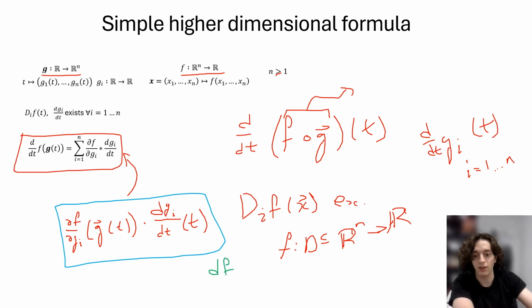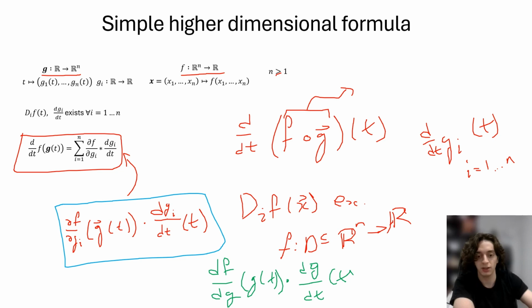We get df dg, which is the first part, which we like, and this is evaluated at g of t. First part of that very familiar chain rule, multiplied by the derivative of the only function with respect to t, dg with respect to t, evaluated at t, or just f dash g of t times g dash of t, the regular formula that you're familiar with.